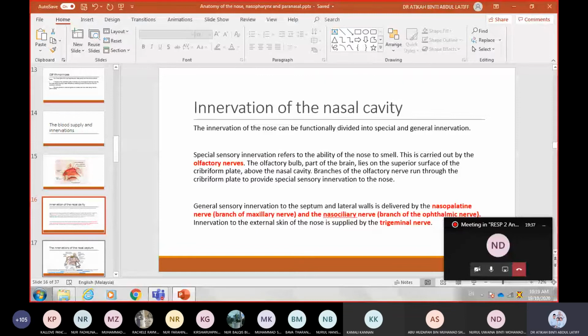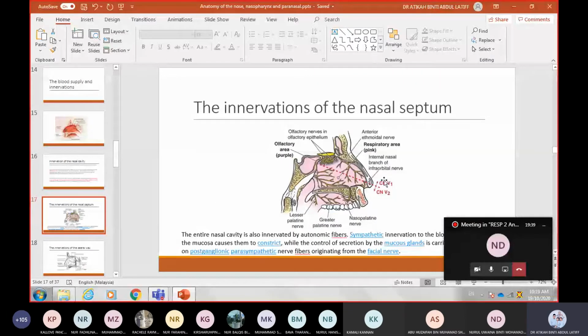So just to show you here, this olfactory nerve is coming out from your ethmoid. And we have your anterior ethmoidal nerve here and nasopalatine nerve here, greater palatine nerve and lesser palatine nerve.